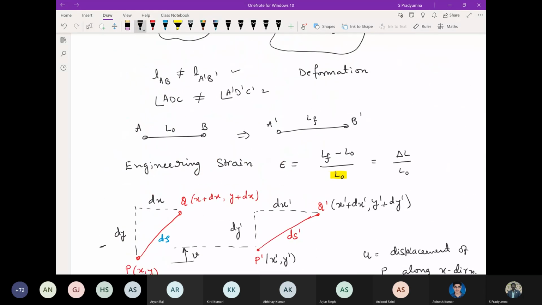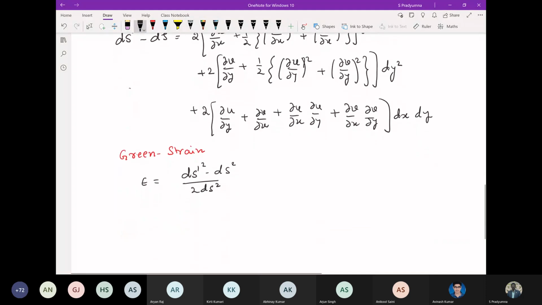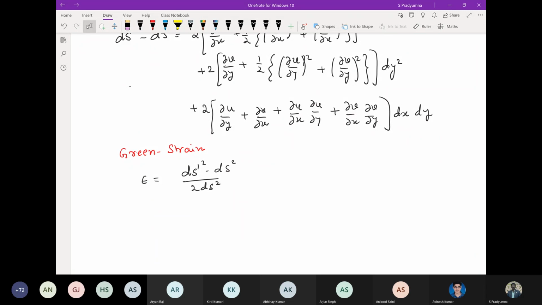For example, if I consider LF related to ds dash and L naught related to ds, I can write this expression as LF square minus L naught square divided by 2 L naught square.